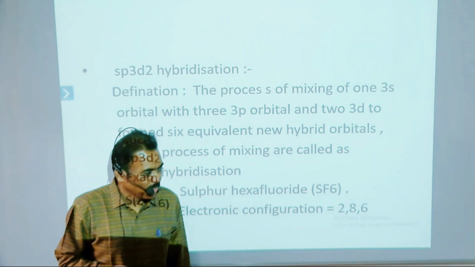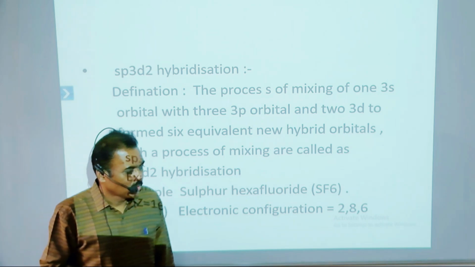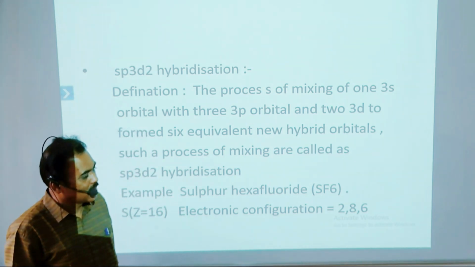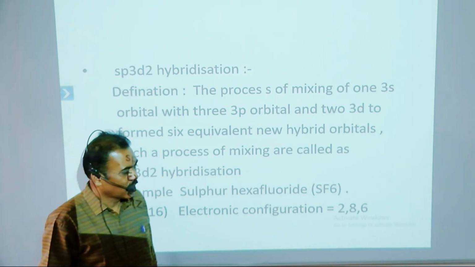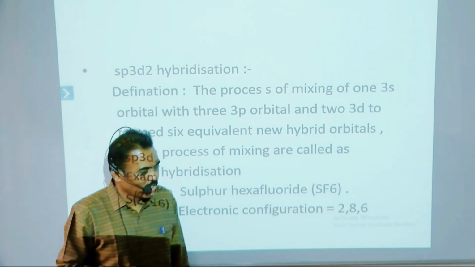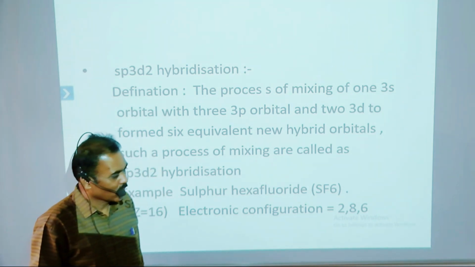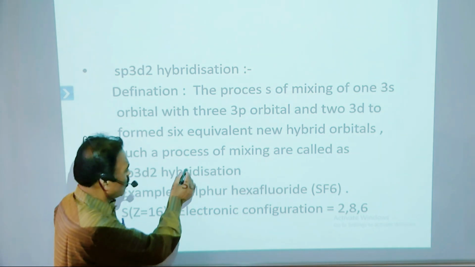Such a process of mixing is called sp3d2 hybridization. The example of sp3d2 hybridization is sulfur hexafluoride, that is SF6. Sulfur has atomic number 16, its electronic configuration is 2, 8, 6. So in the outer orbital of sulfur there are 6 electrons.